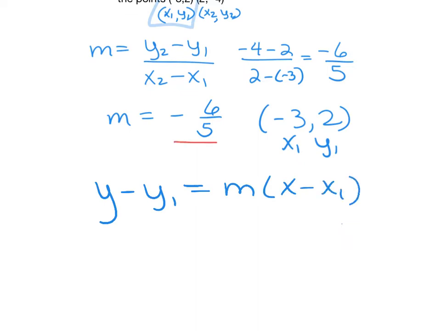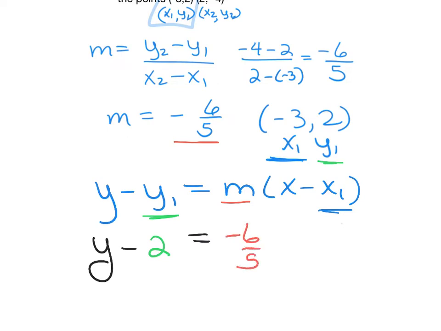Again, I'm going to replace the slope, the x1, and the y1. Let's put everything back. So y minus 2 equals, now my slope, leave the x.